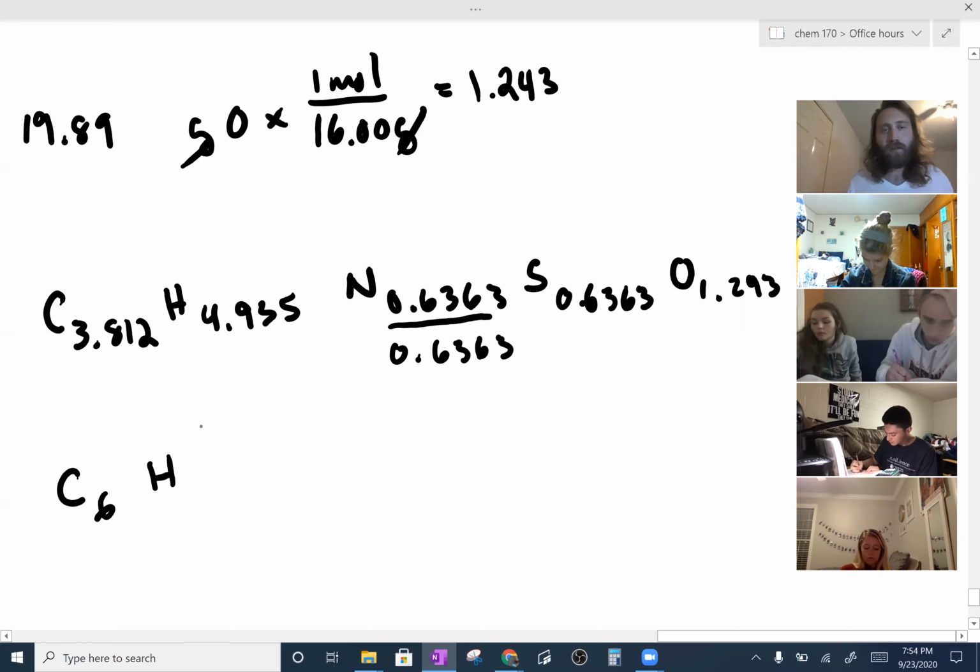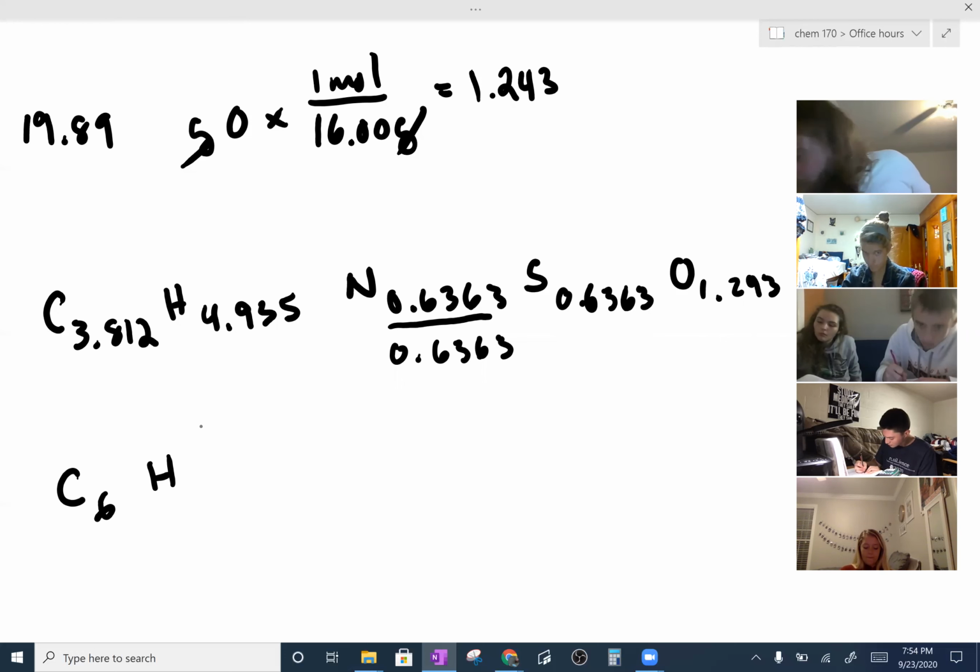Hydrogen, 4.935 divided by 0.6363 is equal to 7.75.